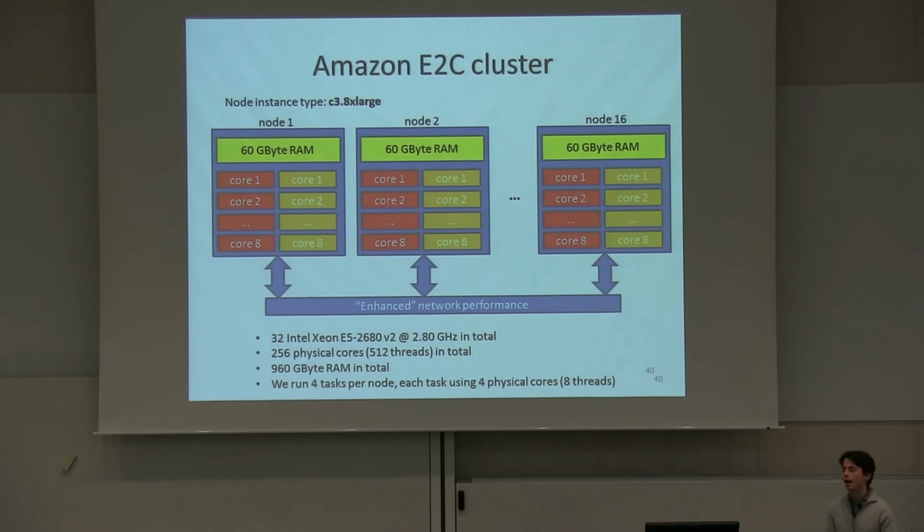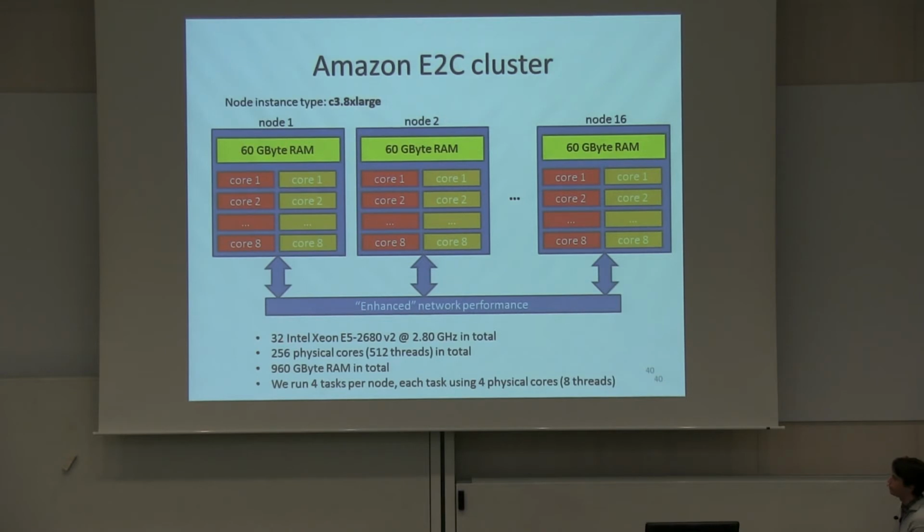We also tested the implementation on Amazon. We moved to the C3.8xlarge nodes, which are more or less the same as those from the Intel big data cluster. A few fewer cores per node, 60 gigs per node, and enhanced network performance, which is also probably 10 gigabit per second.